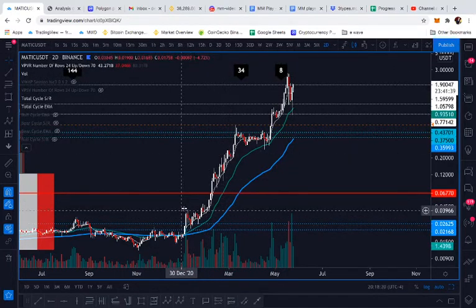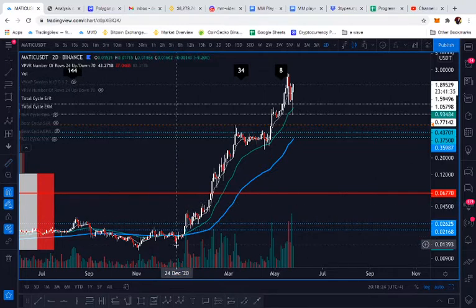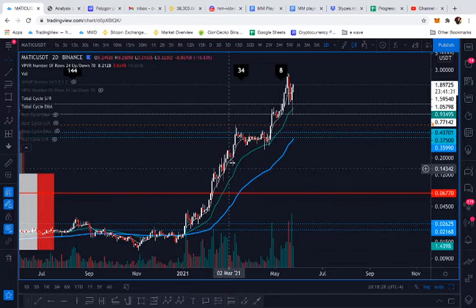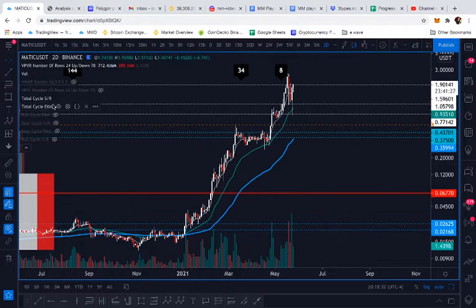Like, for example, when the 8 was down here, this was a strong trend on the white moving average, and they didn't even close below it. So it's a good strategy for momentum trading.